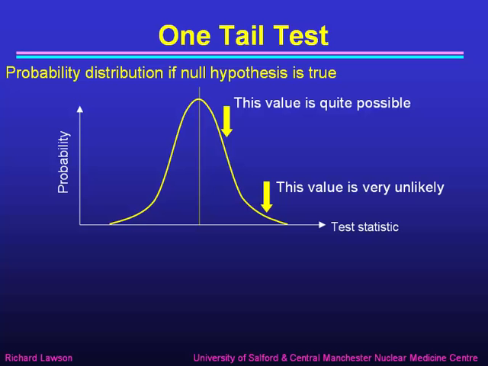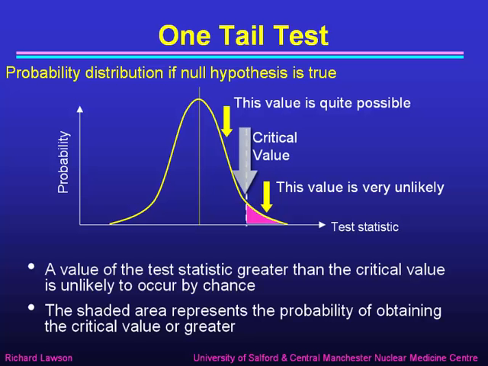But let's see how we apply a one-tail test. If the yellow curve shows the probability distribution if the null hypothesis is true, which we've assumed it will be, then a value like this one is going to be quite possible because it has quite a high probability. But one down here in the tail is rather unlikely because it's got a low probability.